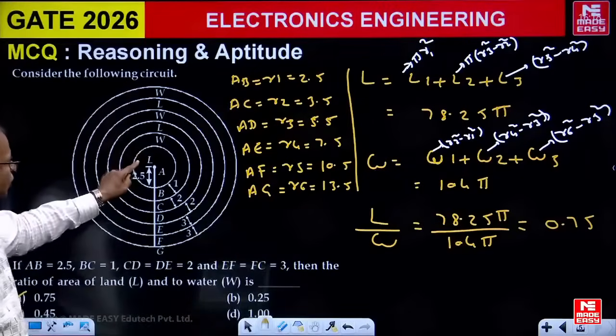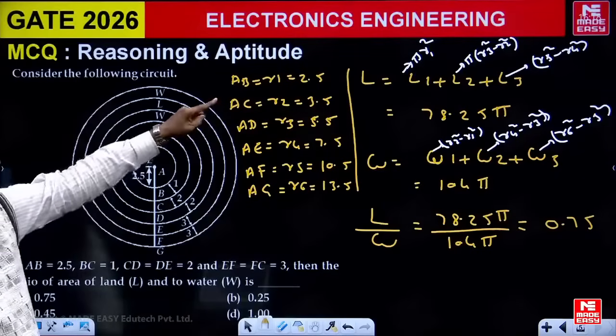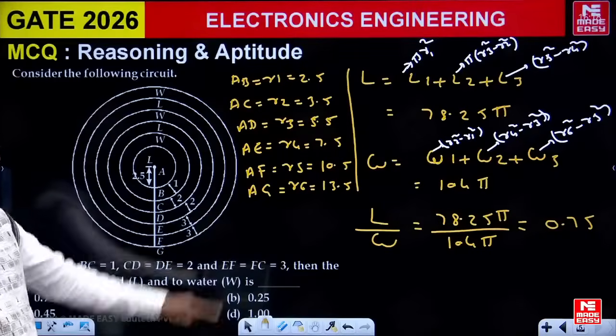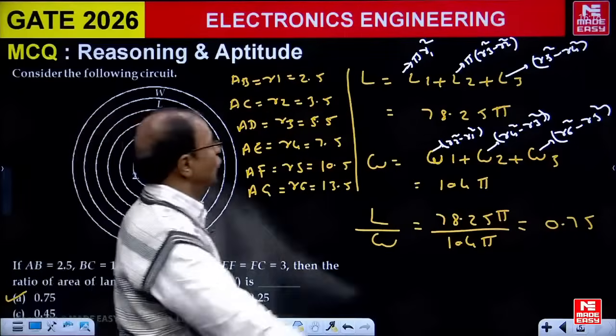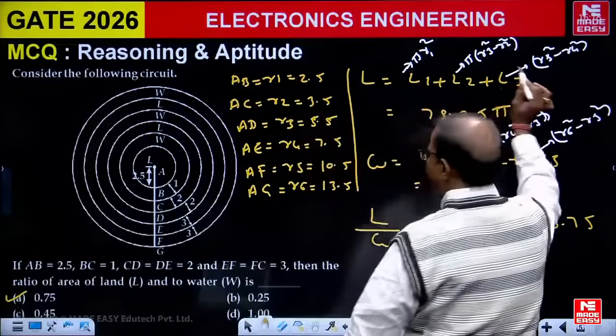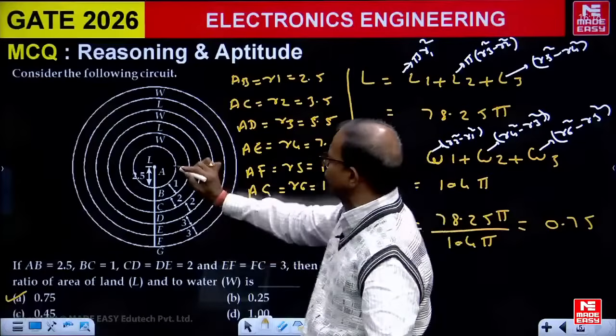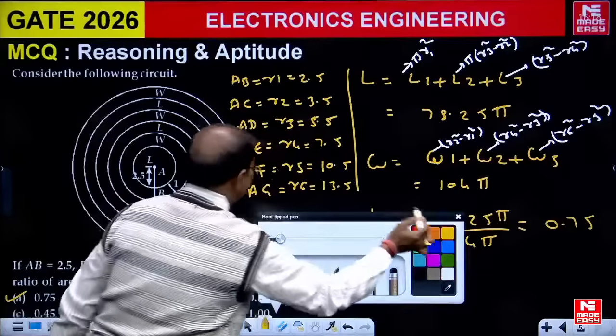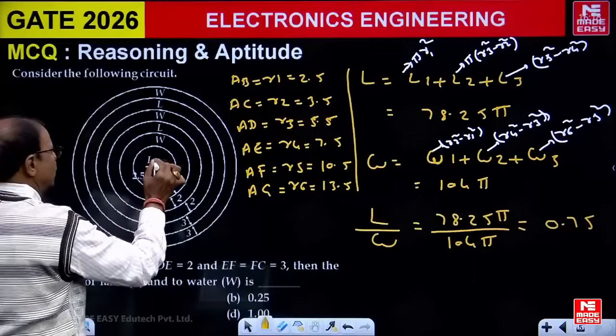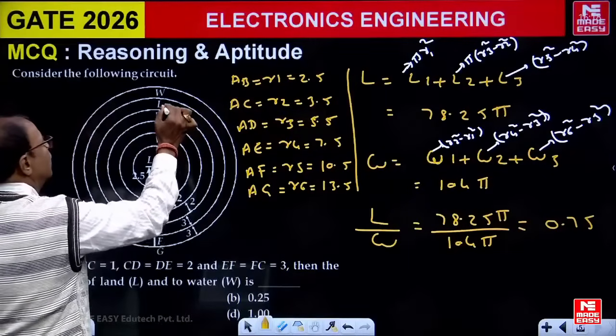What is the first circle? R1 is the area of the circle, pi R square, that is nothing but pi R1 square. What is the value of R1? 2.5. When you come to the sum of the land places, this I have taken like this. I have taken L1, this is called L2, and this is L3.